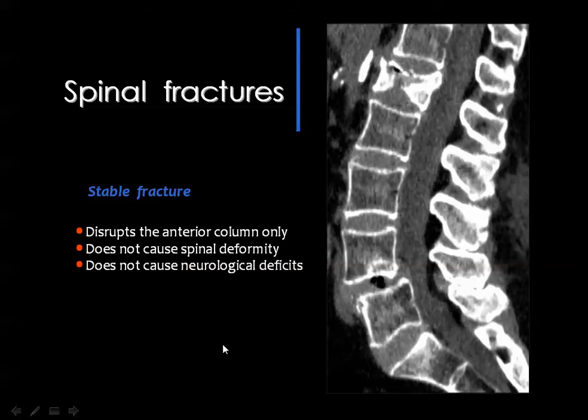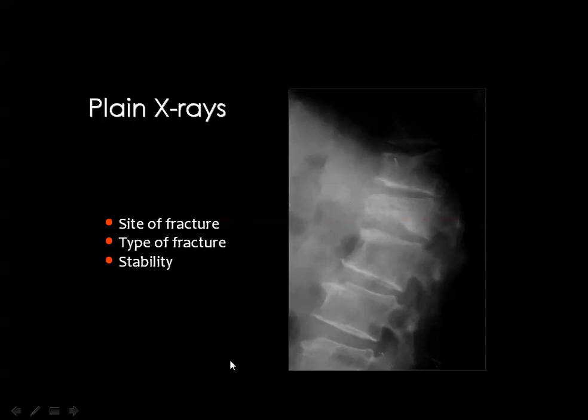And if you see a fracture that affects the anterior two-thirds of the vertebral body, it may affect the anterior longitudinal ligament, and the middle column is intact, as well as the posterior column is also intact. You can assume that this fracture is stable, but you should realize also that the clinical symptoms of the patient show no evidence of neurological deficit.